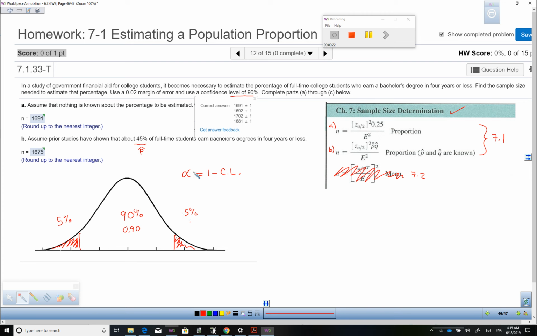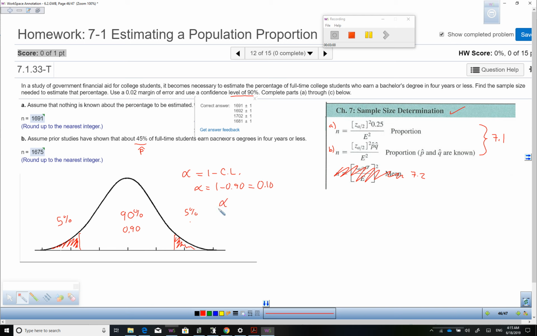Okay, mathematically here we can find alpha. I mean that area right here, that's 5 and 5, which is 10. By using this little formula, alpha is 1 minus 0.90, which is 0.10. But remember that this value of 0.10 is divided by 2, because you have half of this area on the right and half of this area on the left.